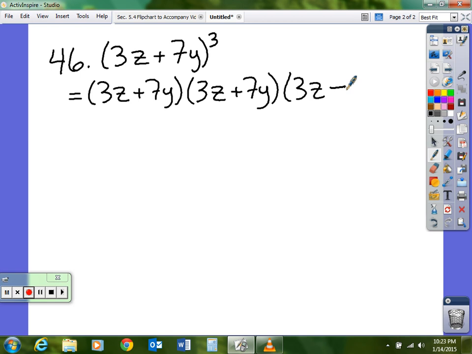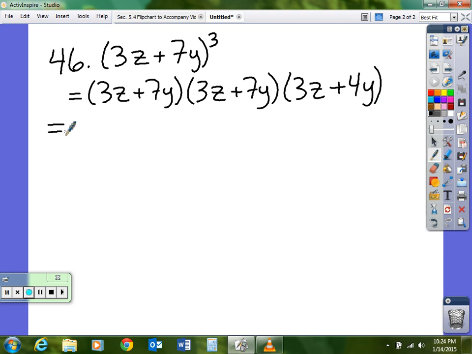As we did in the last problem, we will multiply the first two sets of parentheses using FOIL. Once we get that result, we will then multiply that times the third set of parentheses.